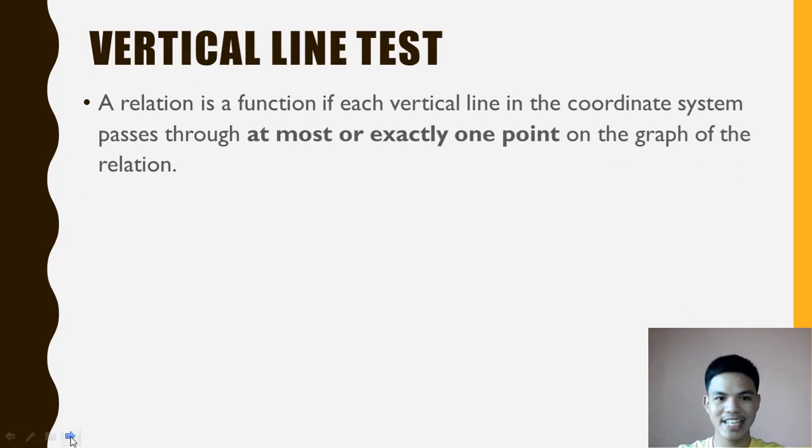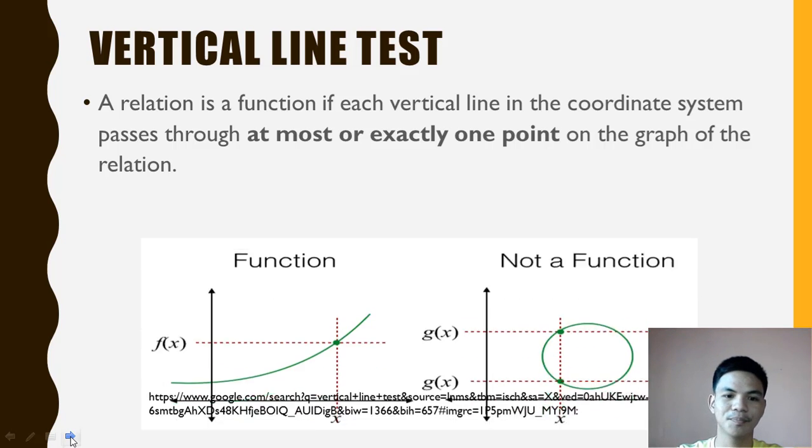The other way of determining if a relation is a function is through the vertical line test. A relation is a function if each vertical line in the coordinate system passes through at most or exactly one point of the graph of the relation. So I have here the example.